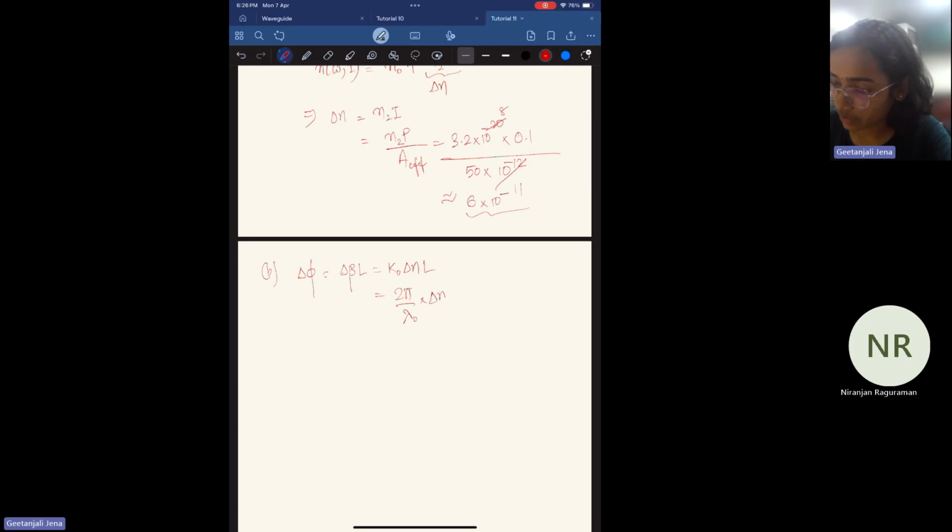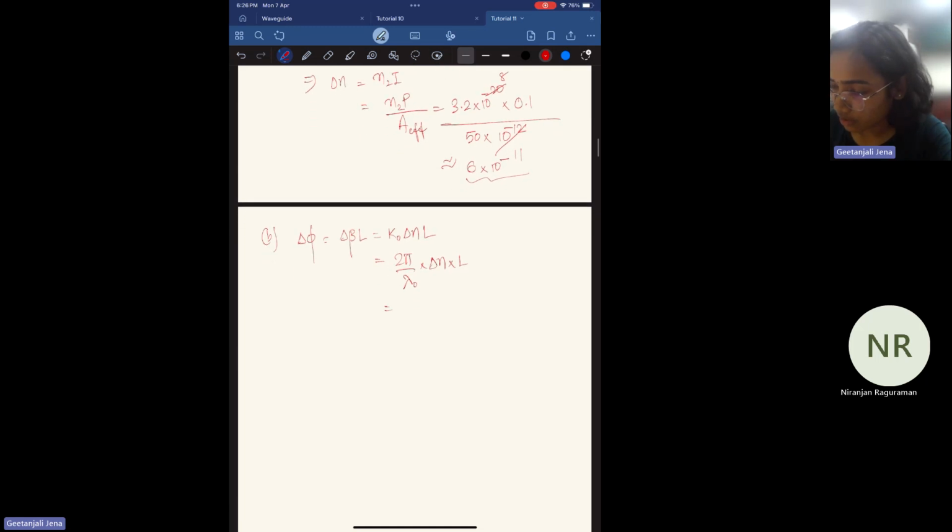Delta n we already know and length is already given. Okay. So all of the terms are already given. Lambda 0 is 1.55 micrometer. Delta n is 6 into 10 to the minus 11 and length is given as 20 kilometer. So this will give a value of 1.555.